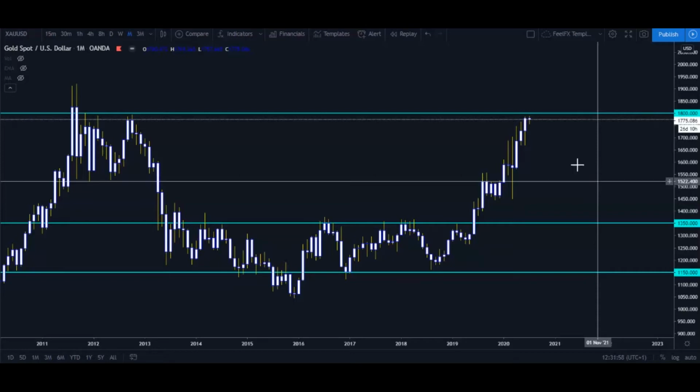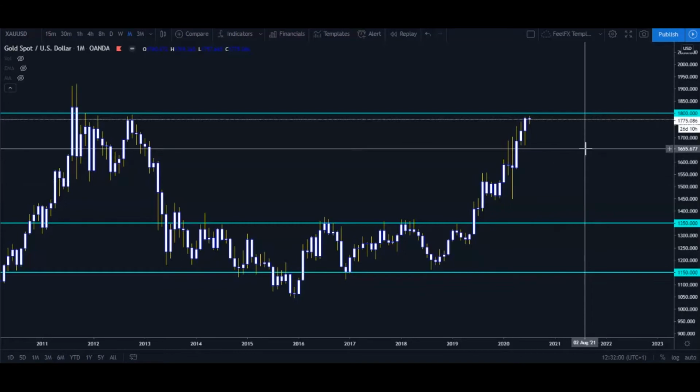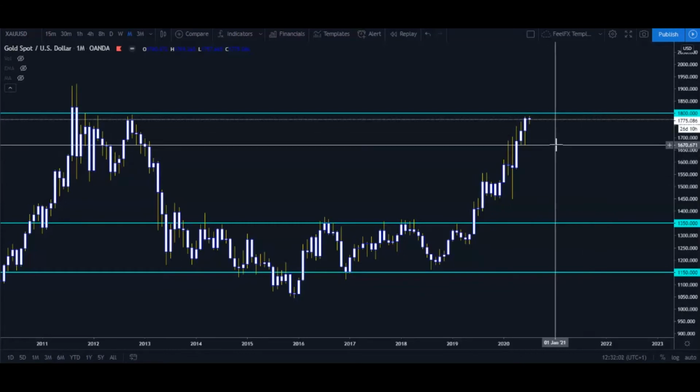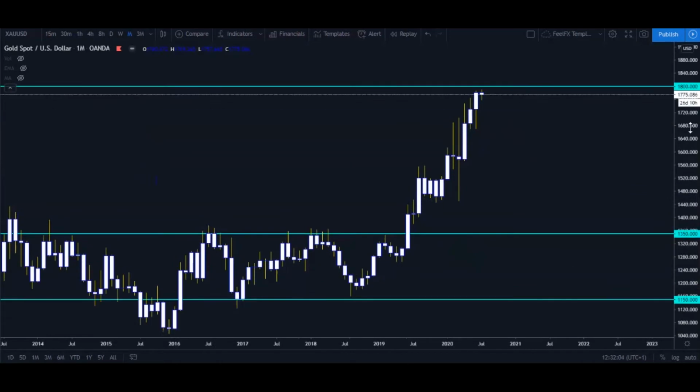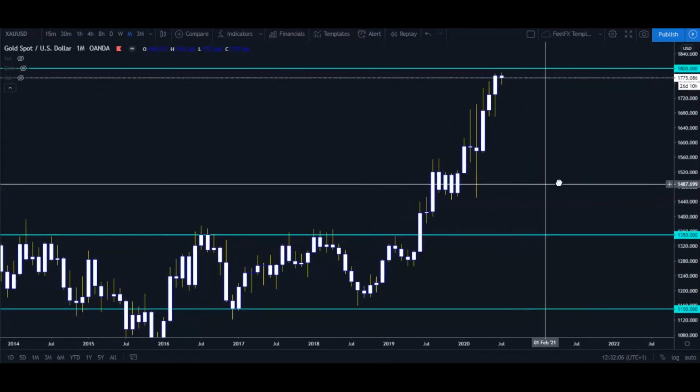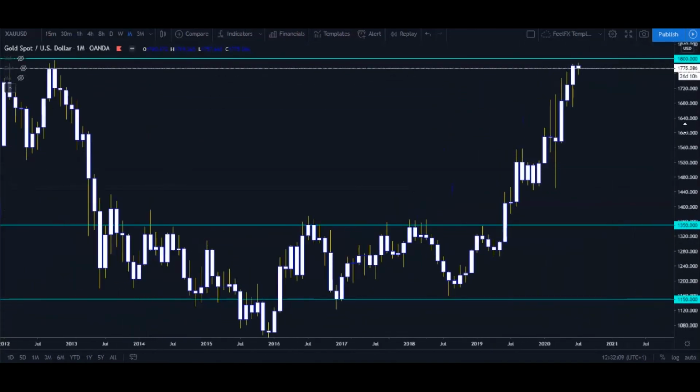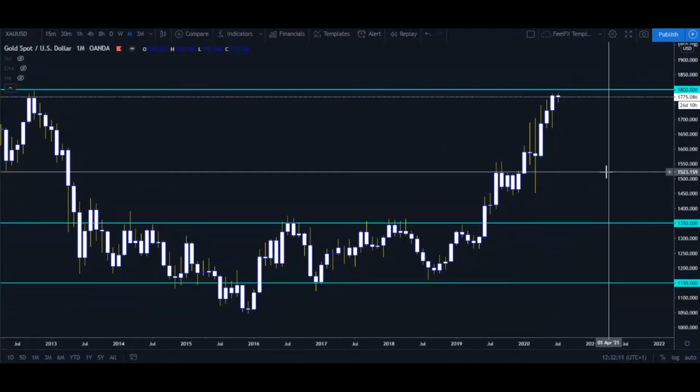So on the monthly time frame, as I said just a few seconds ago, price has been performing such a strong bull run, which we can break down in various parts in order to understand what has pushed gold so high back to the historical highs.